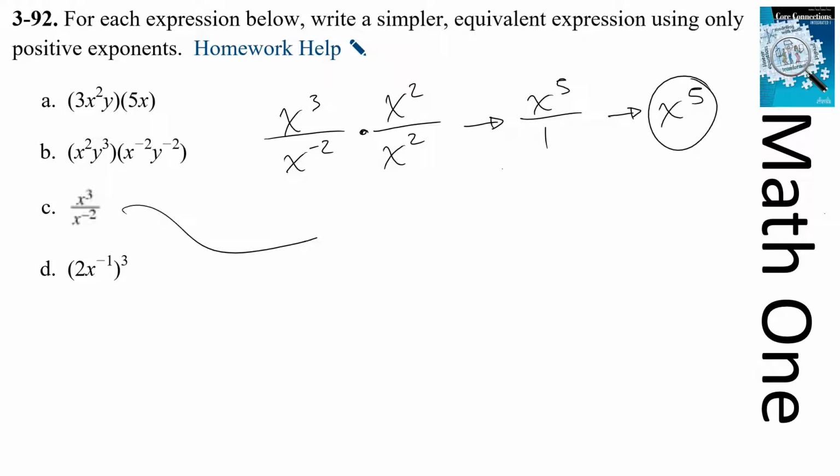The shortcut, which I'm reluctant to talk about, but I will, if you look at this division, x to the 3rd over x to the negative second, those both have bases of x. That's equivalent to x to the 3 minus negative 2. 3 minus negative 2 is 5, so this is x to the 5th power. Notice they're equivalent.